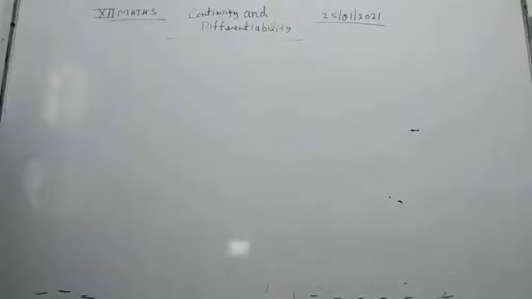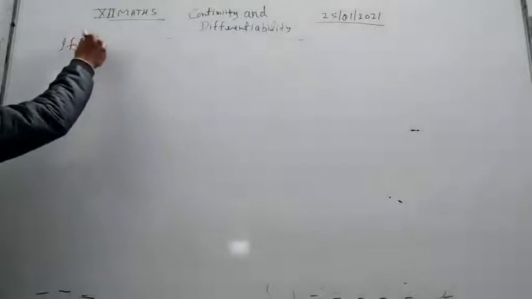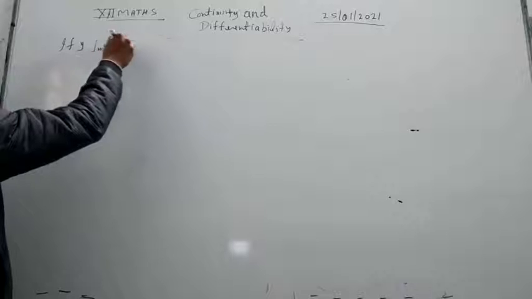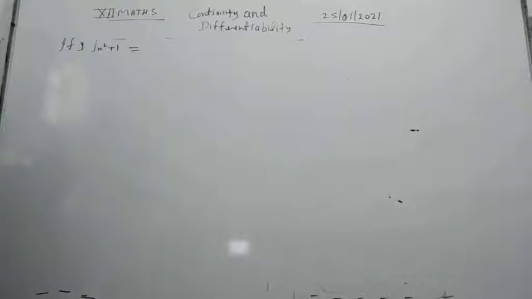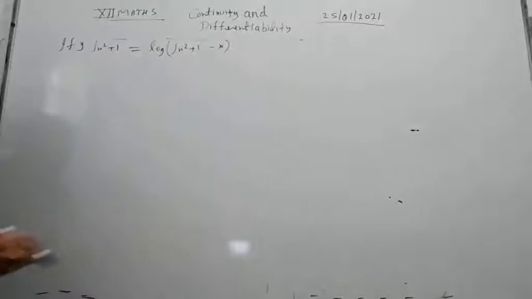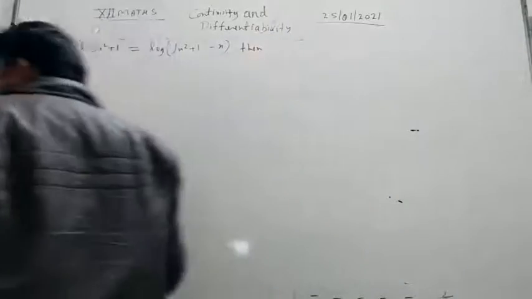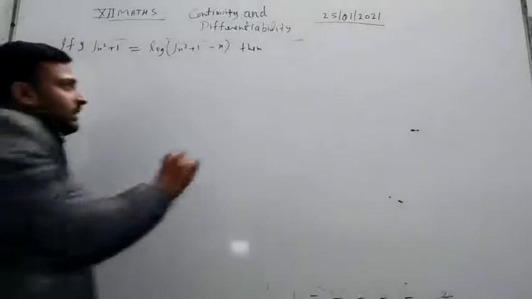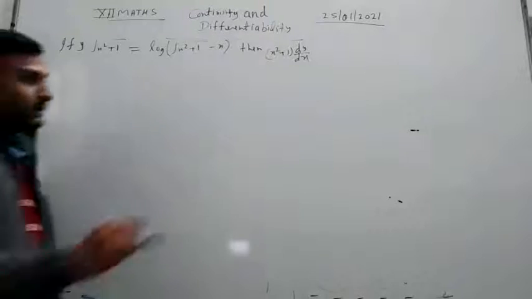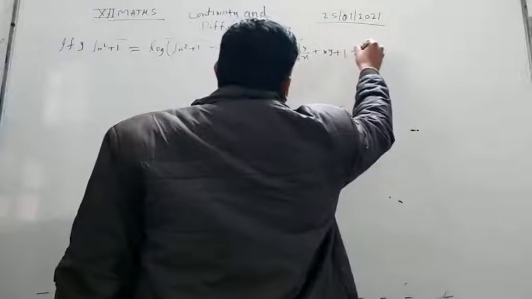The next question is, students: if y under root x square plus 1 is equal to log of under root x square plus 1 minus x, then prove that x square plus 1 dy by dx plus xy plus 1 is equal to 0.